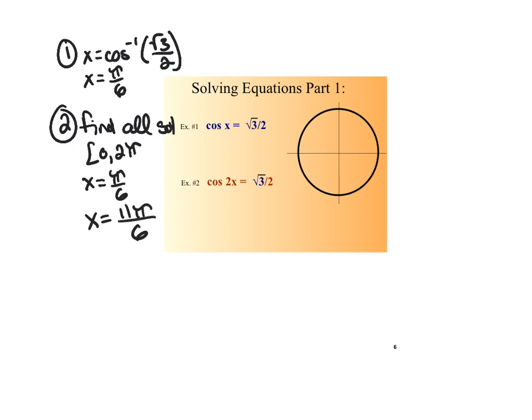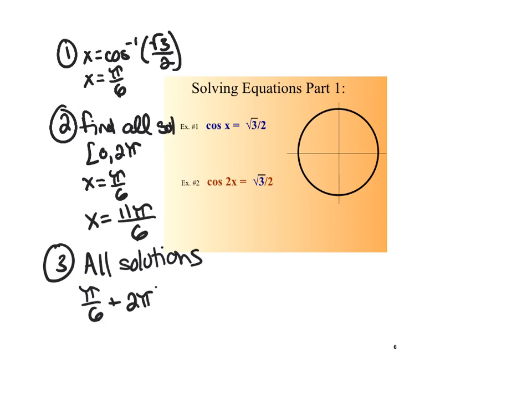Okay, number 3, find all solutions. Since cosine goes on forever, how many times does that horizontal line intersect? It's going to intersect at pi/6, and then pi/6 happens every time you go around the circle. The circle is 2 pi, so I'm going to use this k to show that it's going to be at every pi/6.